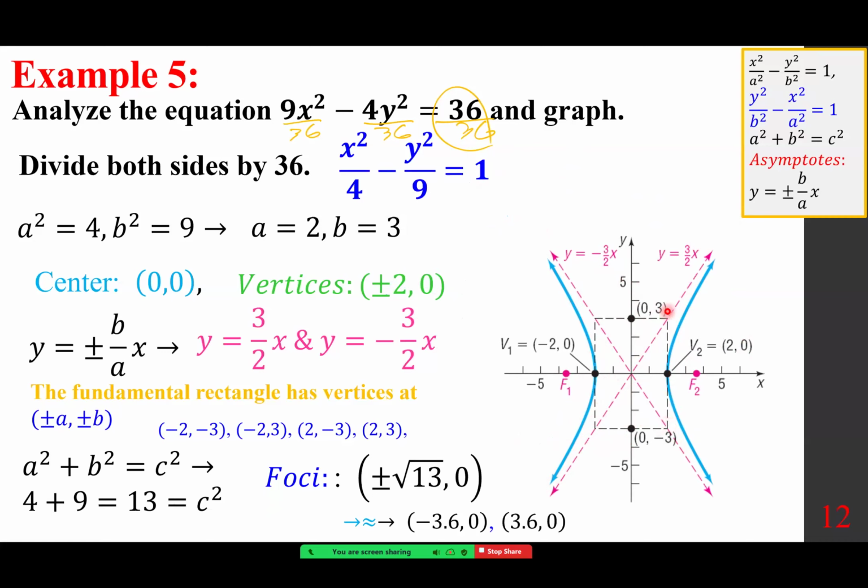If you draw its diagonals and continue them, they become the two asymptotes. And the location of F1 and F2 is about negative 3.60 and positive 3.60. So we got all the information, and that's the synopsis of what we had to do.